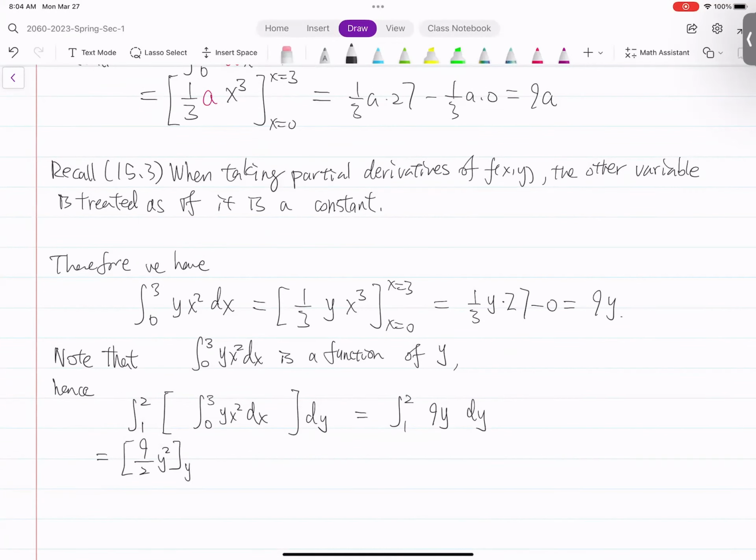Here it's y equals 1, y equals 2 for the lower and upper bounds. So you're going to plug in: it's 9 over 2 times 2 squared minus 9 over 2 multiplied by 1 squared. Essentially, it's 27 over 2.